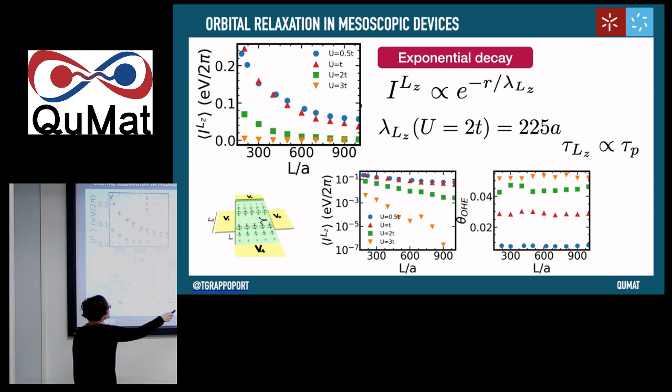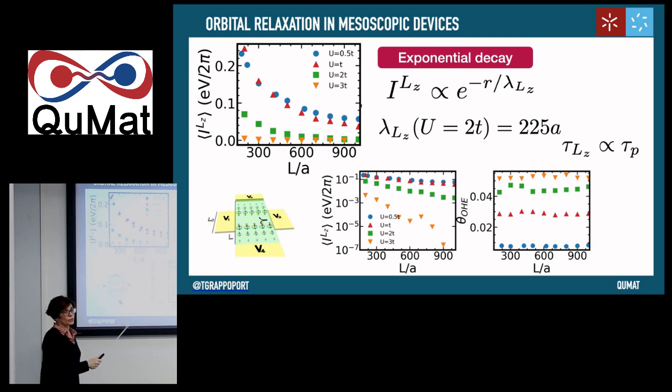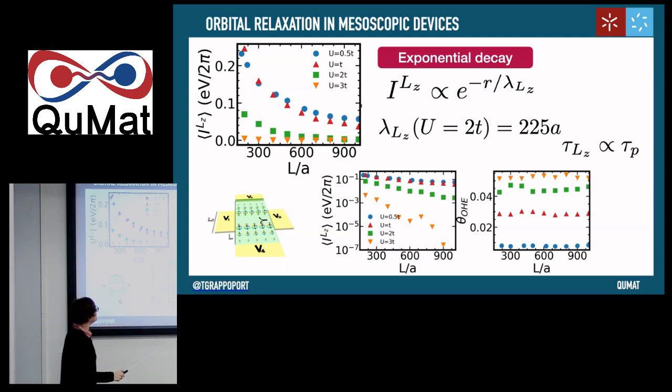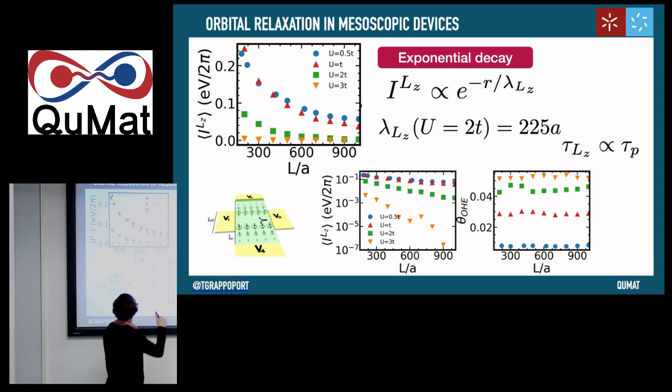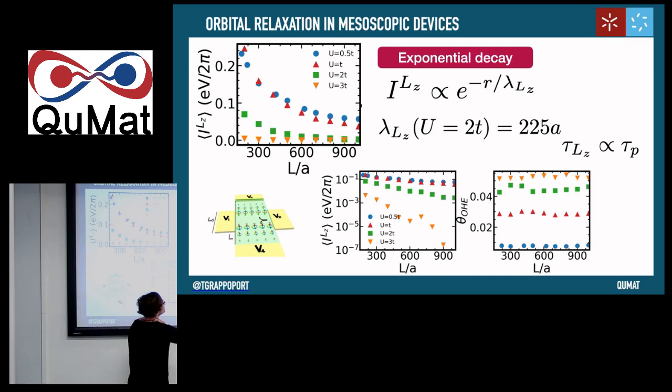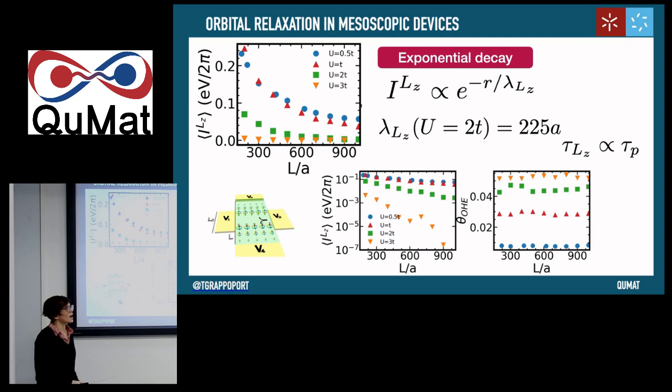Now, we can also calculate the orbital Hall angle, which is the ratio between the orbital Hall conductivity and the charge conductivity. And we can see that it's almost constant. Although there is a decrease in the orbital Hall conductivity, there is the same decrease in the charge conductivity when you change L, which my interpretation is that tau, the relaxation time of LZ, goes with the relaxation time of the charge.